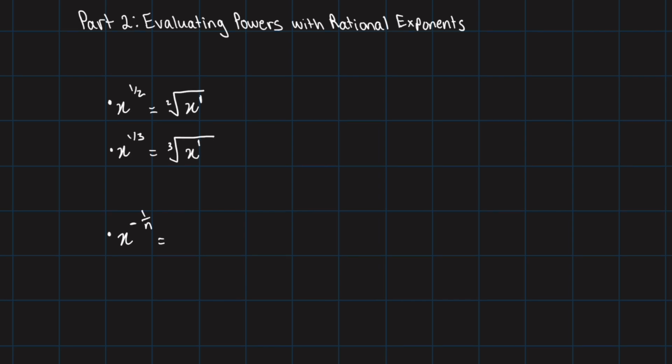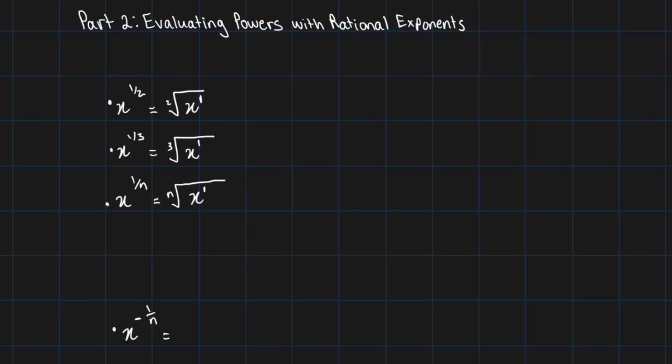Before we go over this, if we have x to the power of 1 over n, this just means the nth root of x to the power of 1, because it's 1 over n. So this is the nth root of x to the power of 1.